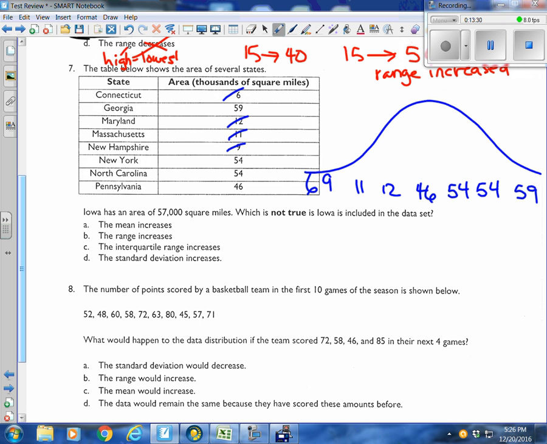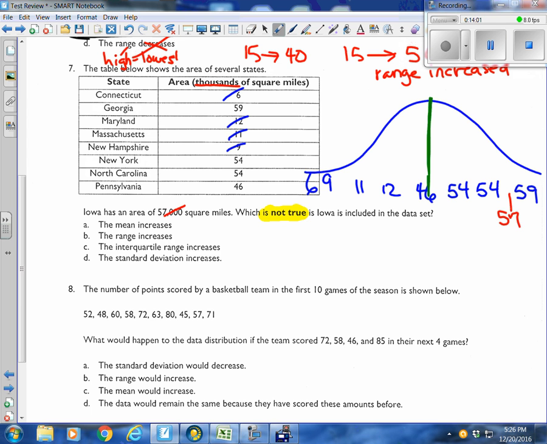Iowa has an area of 57,000 square kilometers, and all of these numbers were in thousands. So it's almost like I just need to do 57. So I'm going to be adding a number right there. Let's make sure we realize that this one is saying which is not true. Remember, imagine the blue line being on a string. You're averaging a number in that's above where the middle used to be.